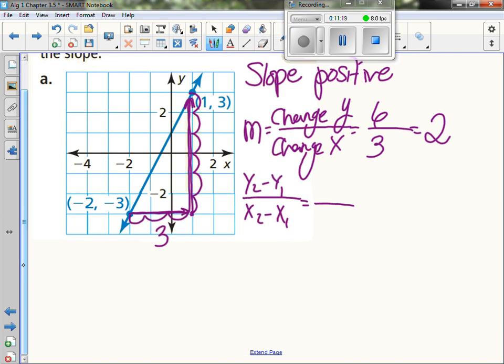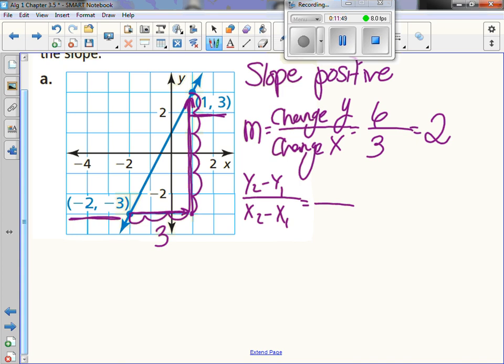Now, we could use the equation y2 minus y1 over x2 minus x1 because they did give us 2 points, yes? One of the points they gave us was this here, and the other one was this here. Our two y values are 3 and negative 3, because a point is always x comma y. So which one would we use first, or which one do y'all want to use first?